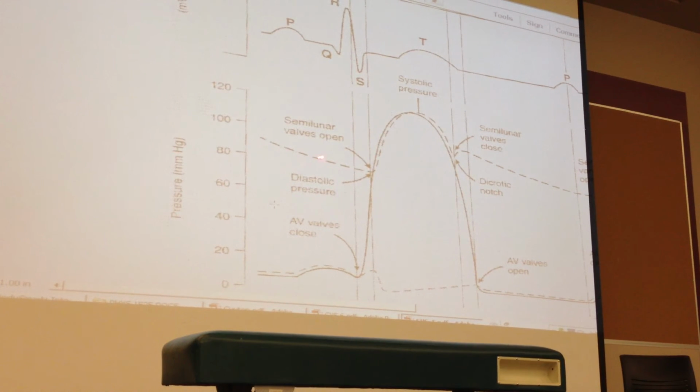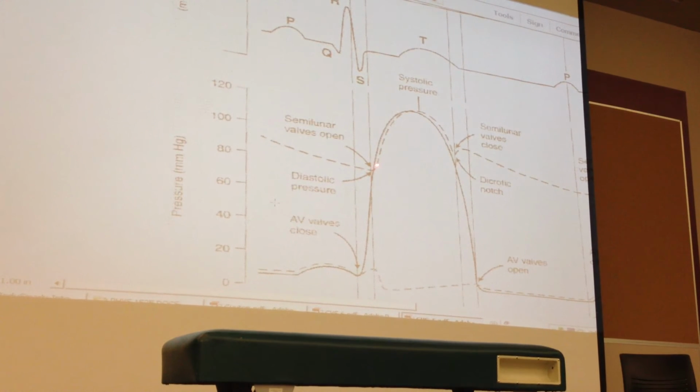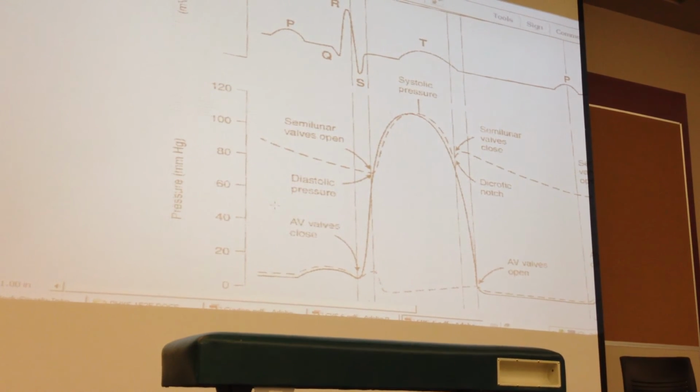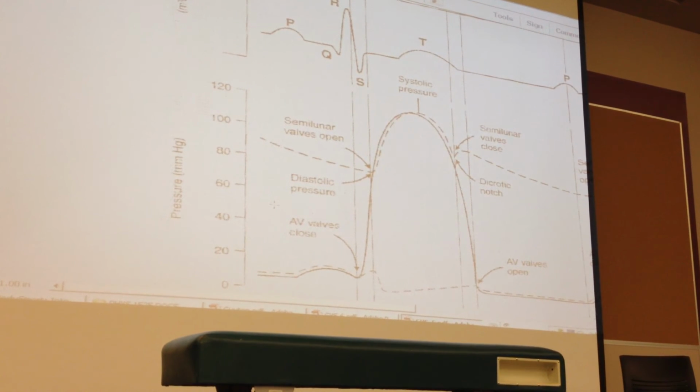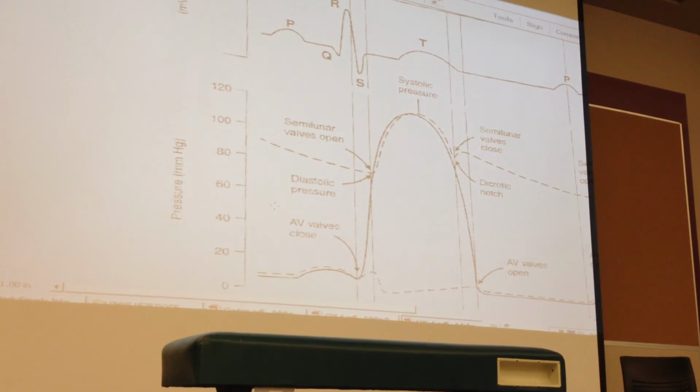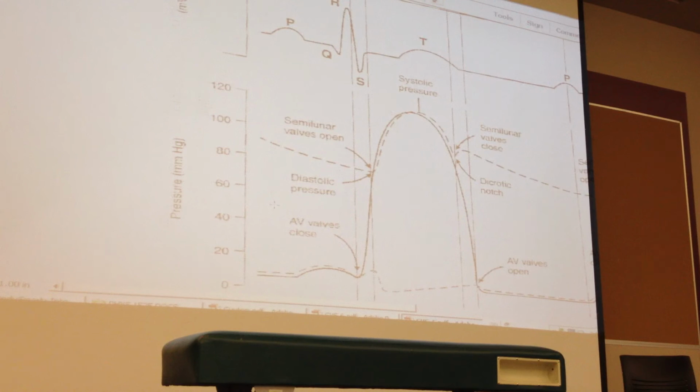Note that on this dashed line, as soon as the blood comes into the aorta, the pressure of the blood in the aorta, or in the brachial artery, will proportionally increase, up until the ventricles complete the contraction and begin the process of relaxation. Therefore, the pressure of the blood inside the ventricle now starts going down.